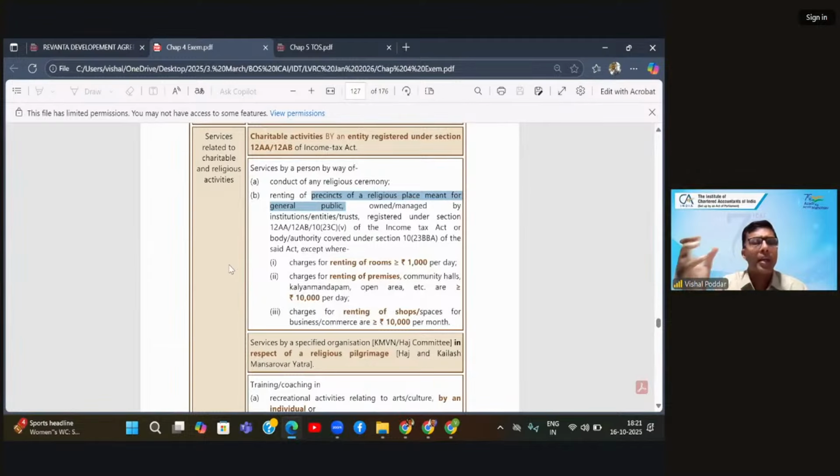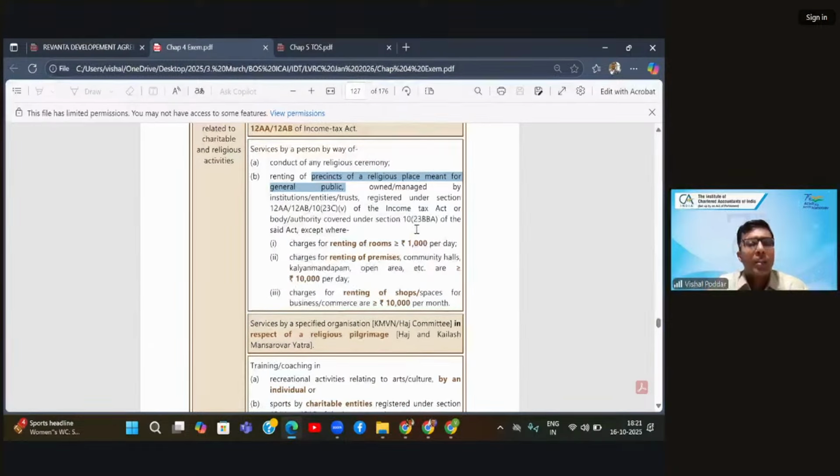And many times these spaces have various establishments like accommodation rooms, maybe places for eating, etc. Many of these have lawns and even big community halls where various religious ceremonies can be conducted. So many of these religious places give these premises on rent.